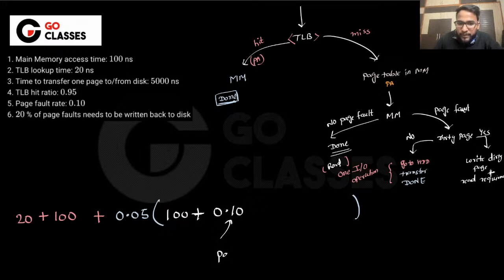If this is with a page fault, then whether it is a dirty page or not, one hard drive access you are anyway going to take, which is 5,000. And if this is a dirty page, with 0.20, then you are again going to take the extra 5,000.